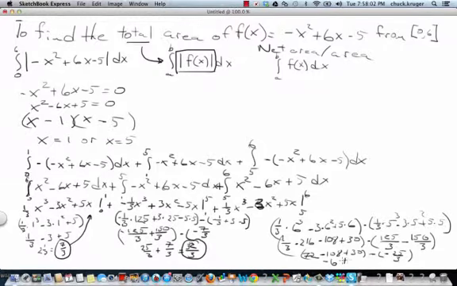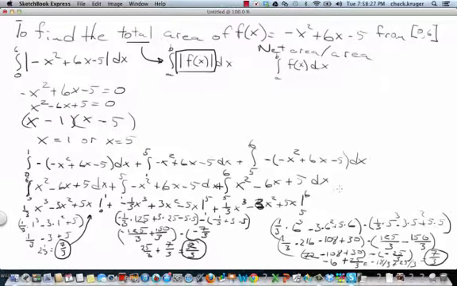So I have negative 6 plus, let's see, 25 over 3. And that gives me a negative 18 over 3 plus 25 over 3. And that gives me 7/3. So I'm going to circle that.